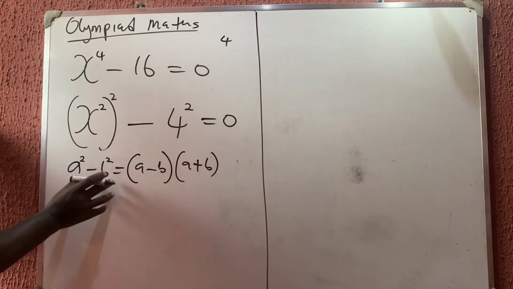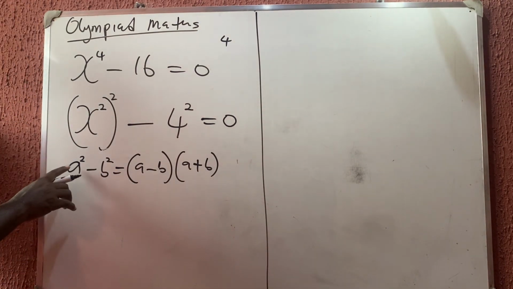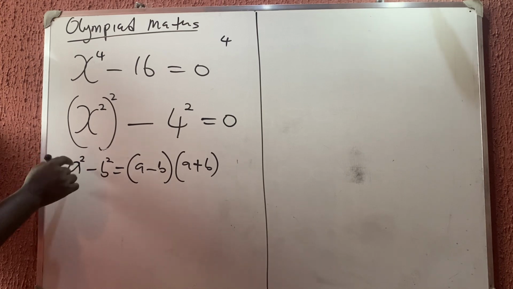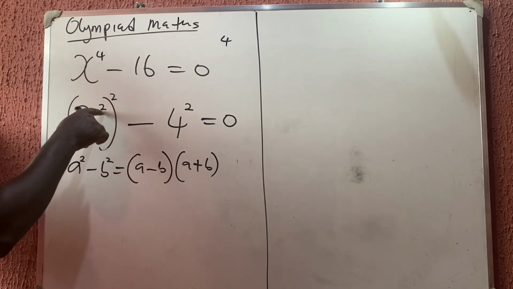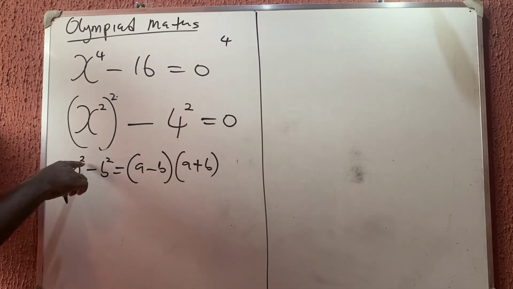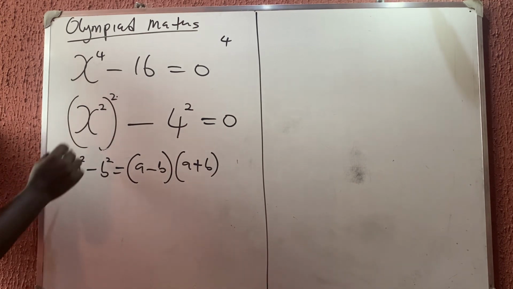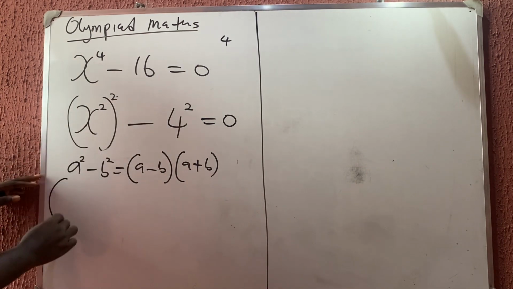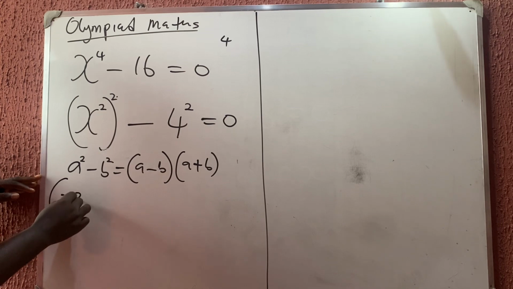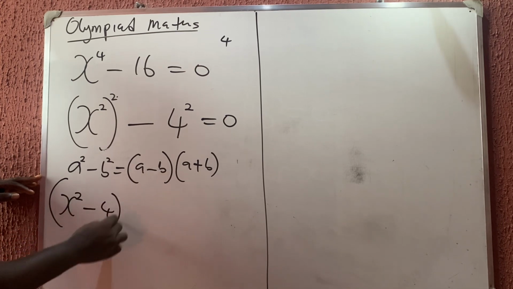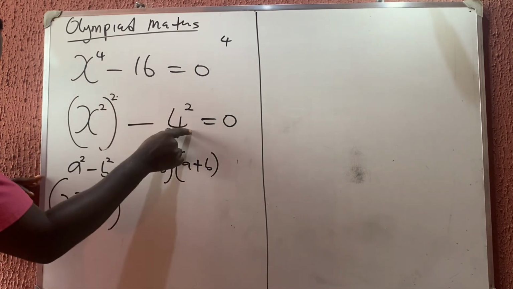Since this is this, anywhere I see a, I will put x squared here. So this is going to be x squared minus 4.